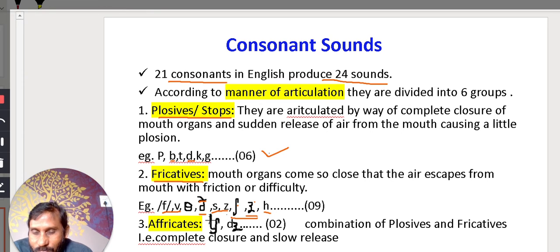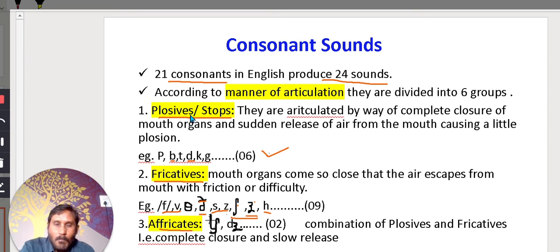The next category of consonant sounds are affricates. Affricate, the prefix a means not something. You say apolitical, asymmetrical, something opposite. So affricates means they are not fricatives, and at the same time they are not plosives, but they are a combination of both fricatives and plosives.